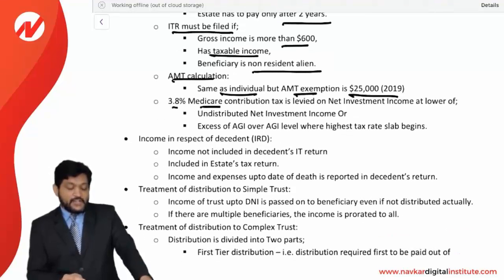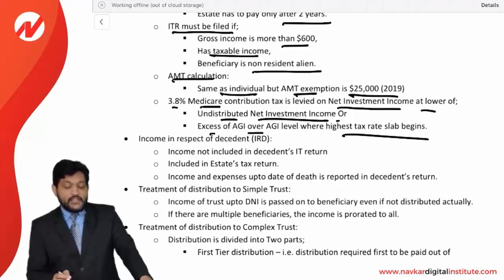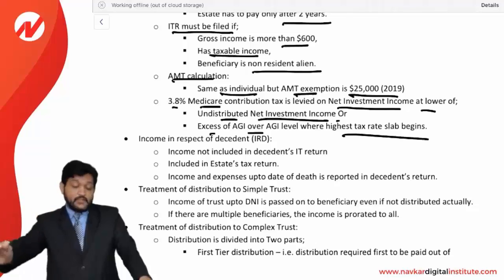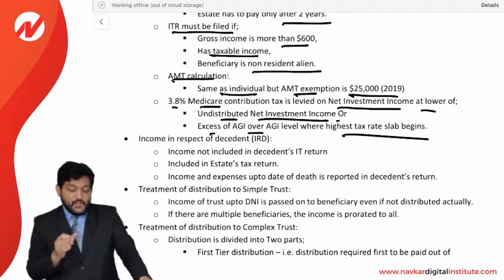A 3.8% Medicare contribution tax is levied on net investment income at the lower of undistributed net investment income or the excess of AGI over the AGI level where the highest tax rate slab begins.